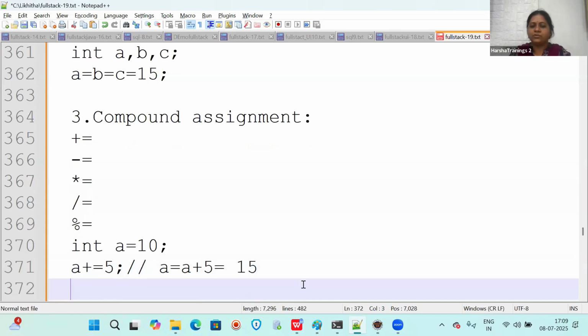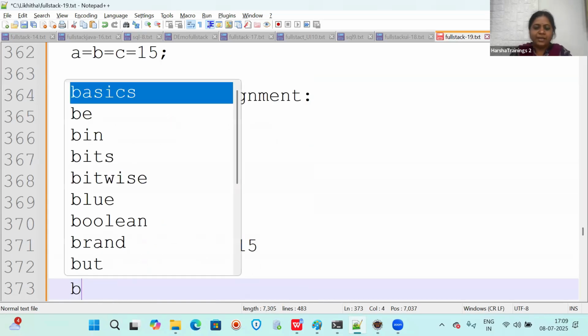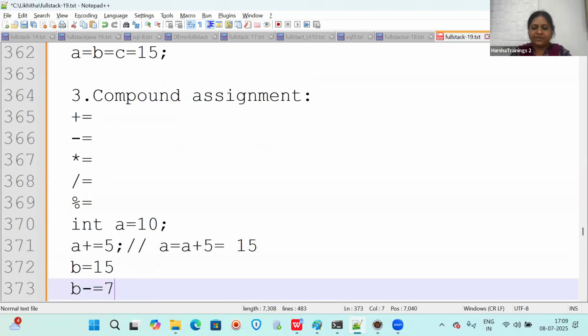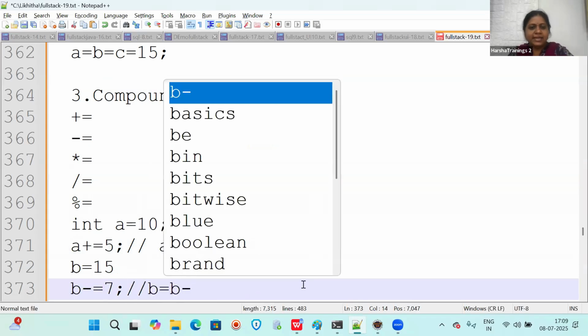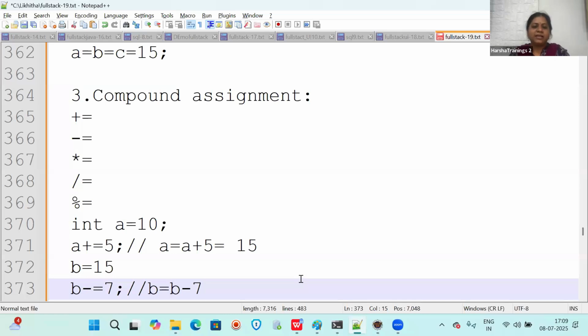In the same way, you can use minus equal to also. Suppose b is equal to 15, and you write b minus equal to 7. That internally means b is equal to b minus 7. That means 15 minus 7.